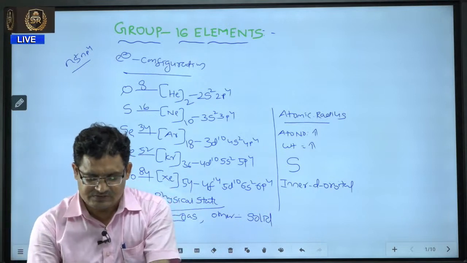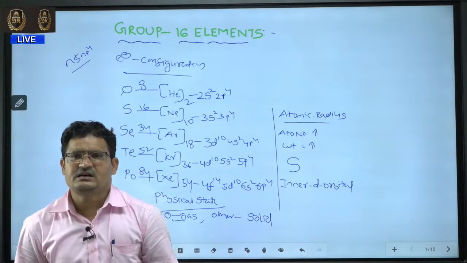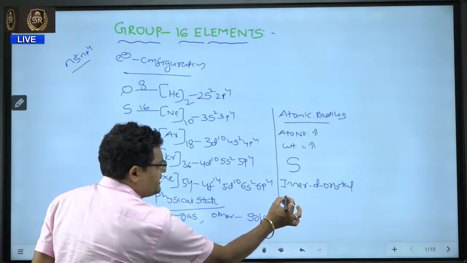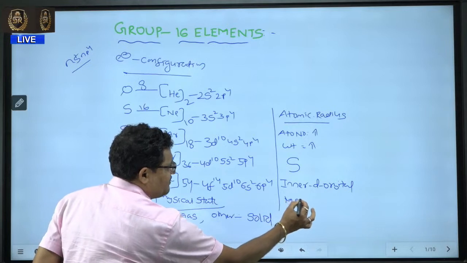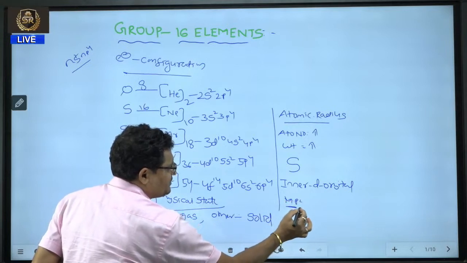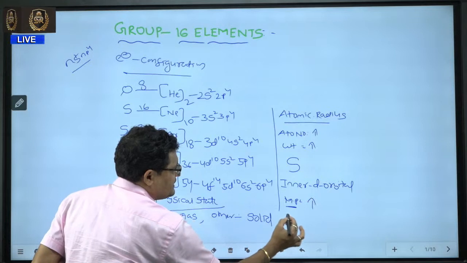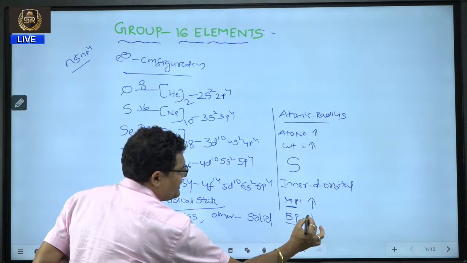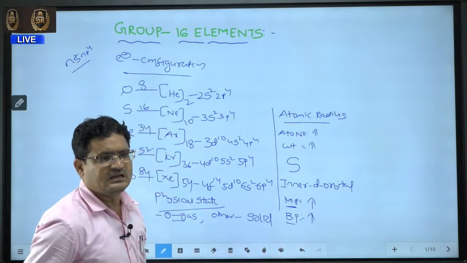This is the physical state. Next, melting point and boiling point: melting point increases from top to bottom, and boiling point also increases from top to bottom.